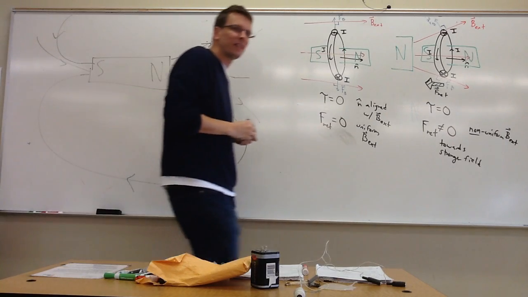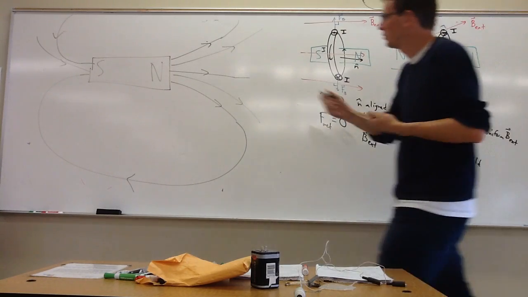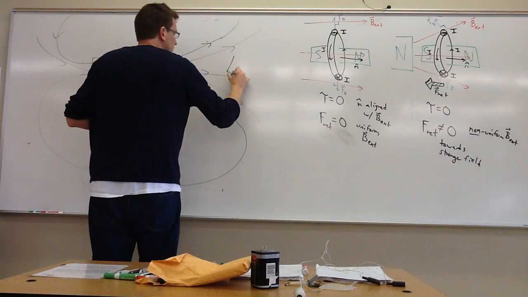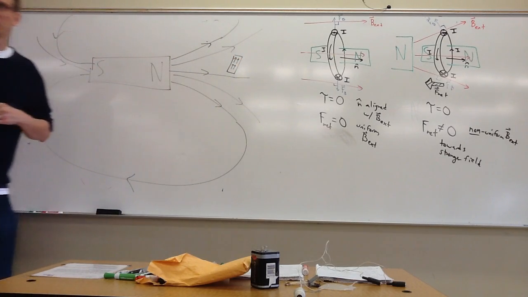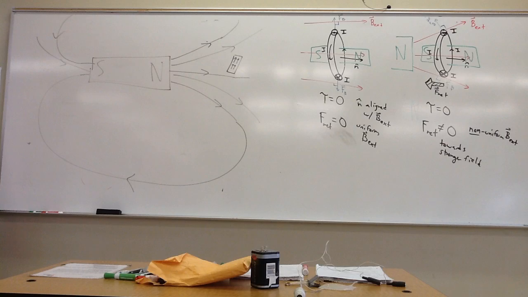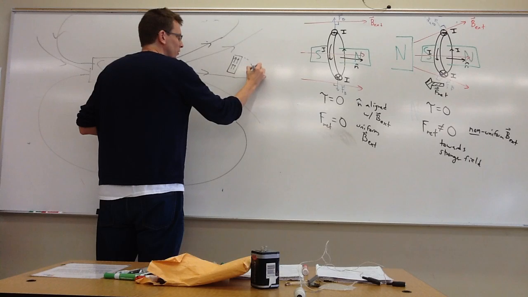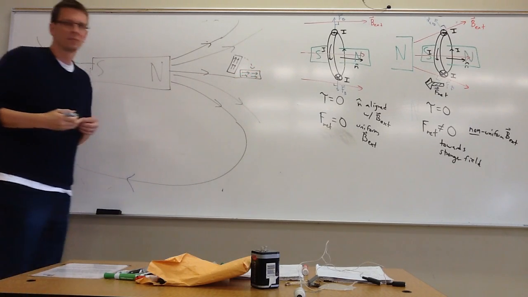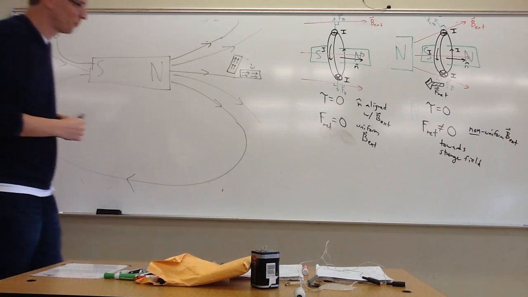So let's say we drop in another magnet into this region. Well, if we dropped in, for instance, something like this, where the normals were all like that, first things first, it would torque until the normals were aligned, right? So that would go into this orientation, right? So its normals would want to align with the external field.